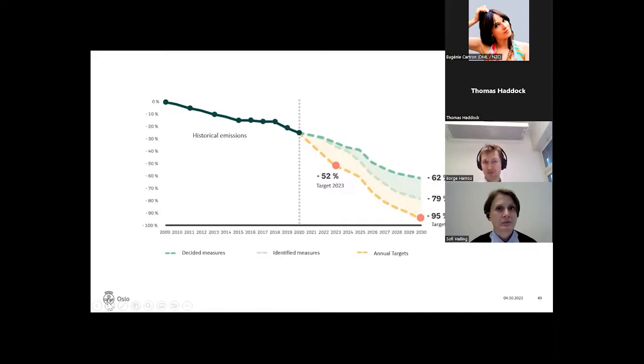That's the emission gap, and that's where we need to put the work in to close the gap. And that's one of the things that I like about the climate budget process, that we do it yearly: we have this arena to continually ratchet up efforts. And I think this is important because it's hard to agree on everything at once.